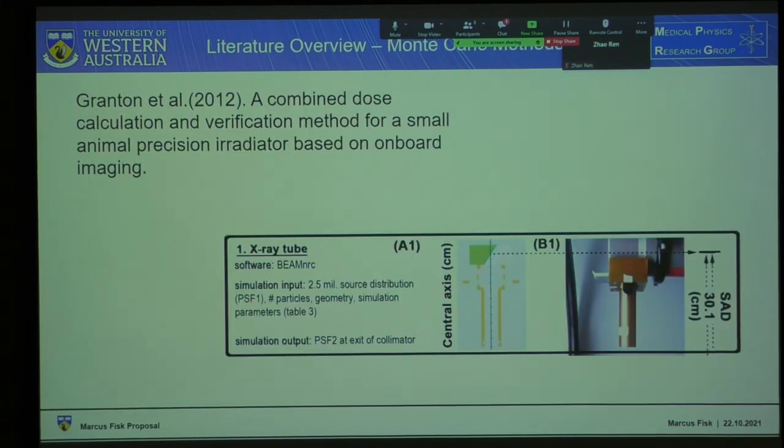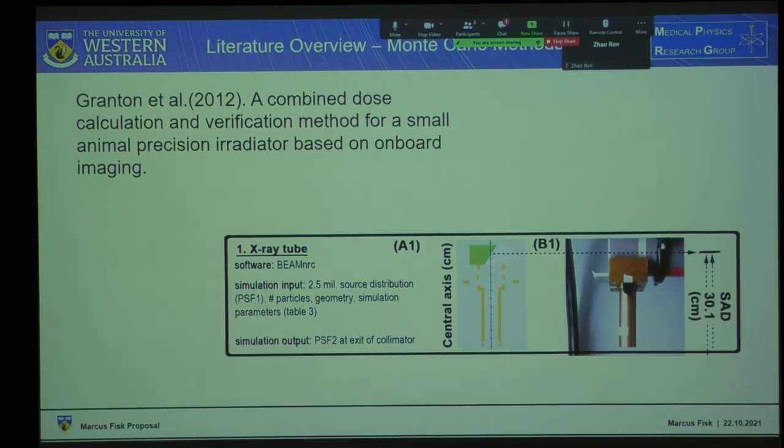So with the Monte Carlo aspects, Granton et al. have produced phase space files by simulating the electron source on a target and passing those produced photons through the collimation setup and then scoring a phase space file.